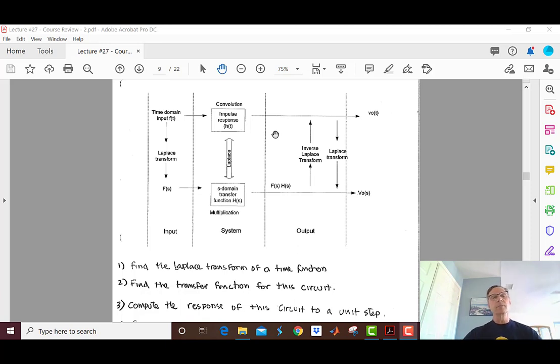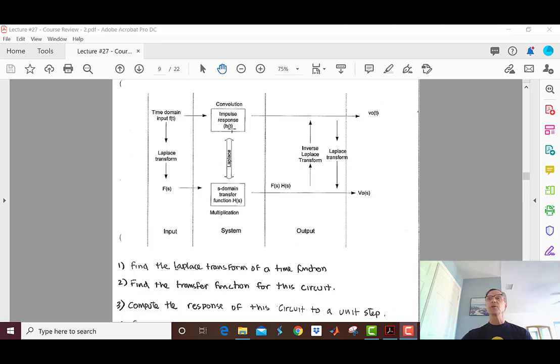Now, had we wanted, we could have taken our unit step function and convolved it with the impulse response of our circuit. That convolution would have given us the exact same answer. We could do that convolution using the convolution integral, or we could do it graphically, but the impulse response and the transfer function are related by the Laplace transform.